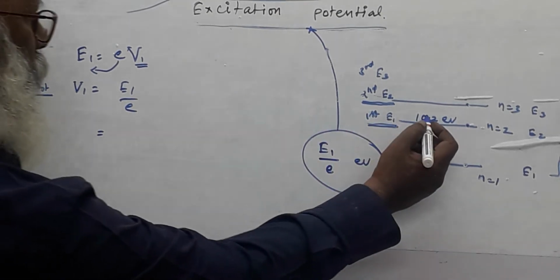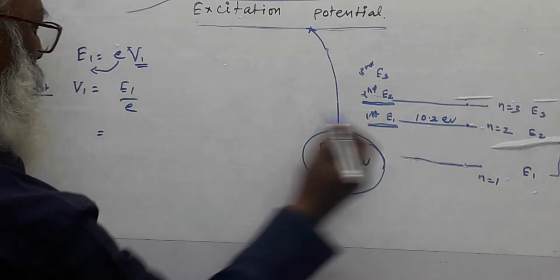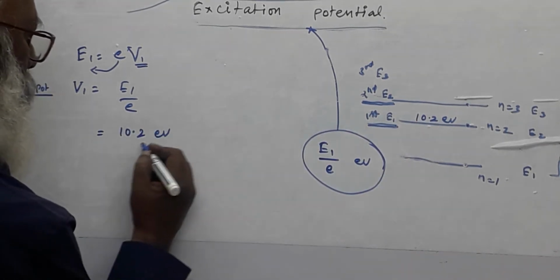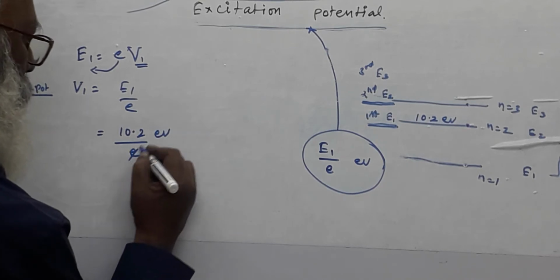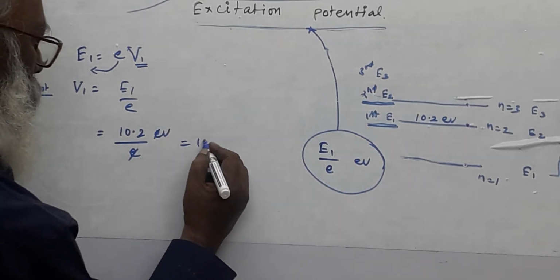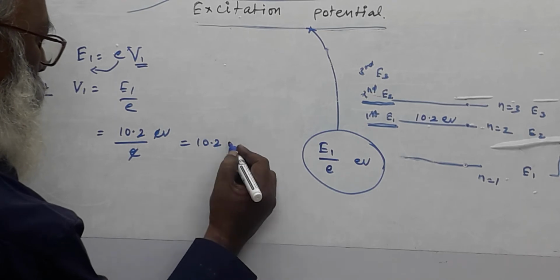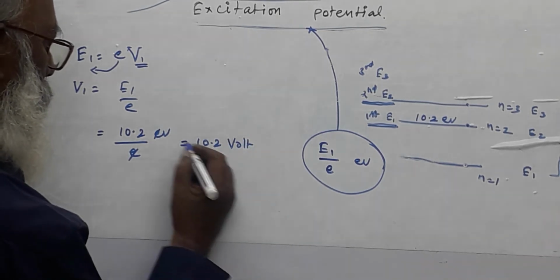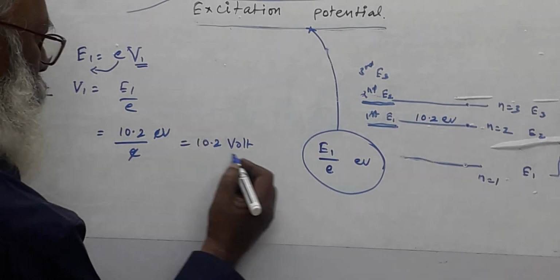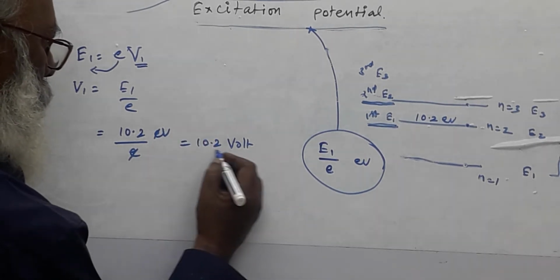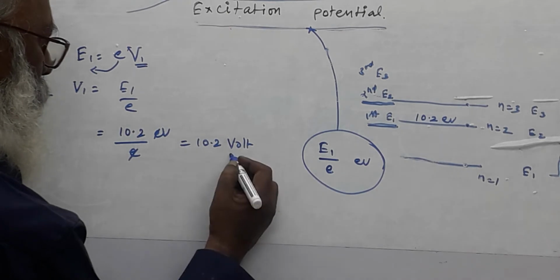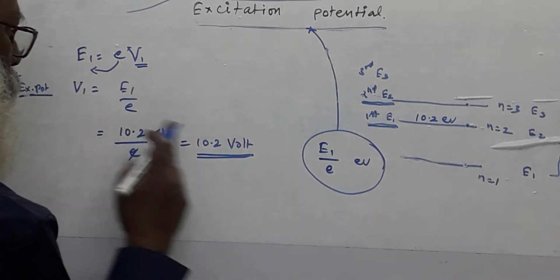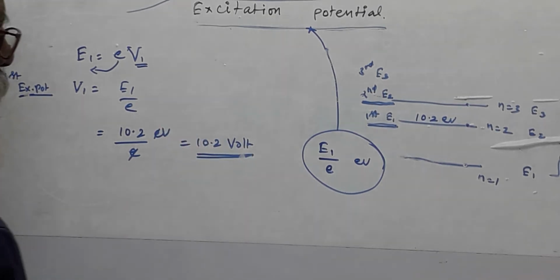We know the first excitation energy is 10.2 electron volt divided by e. The e cancels, and that equals 10.2 volt. When e is cancelled, it is the first excitation potential in the unit of volt.